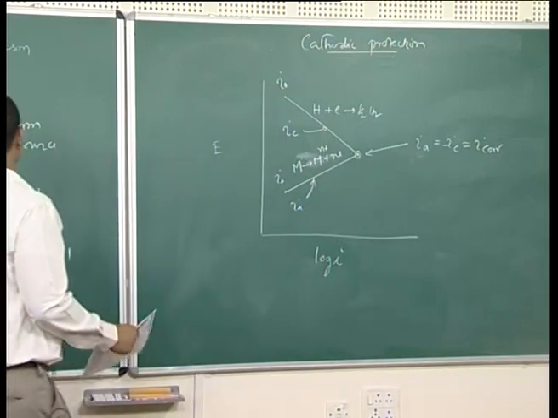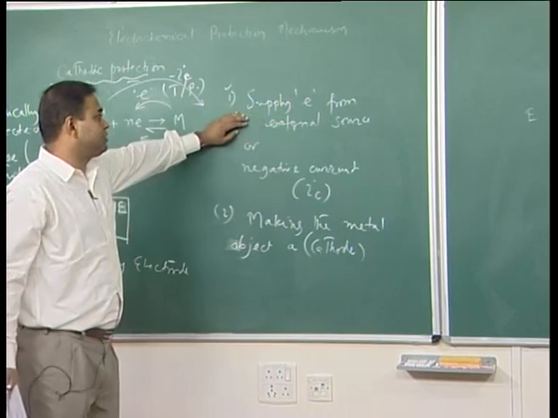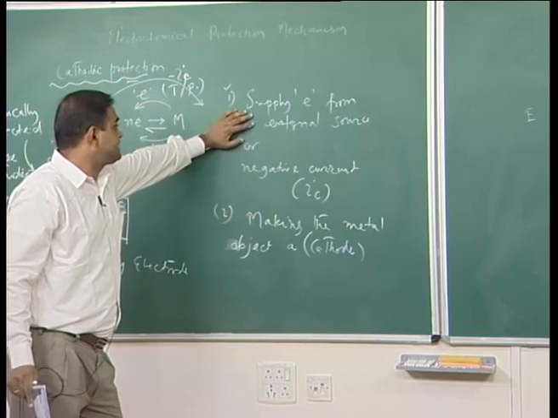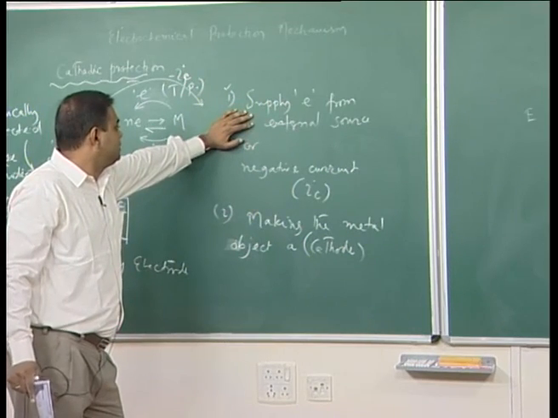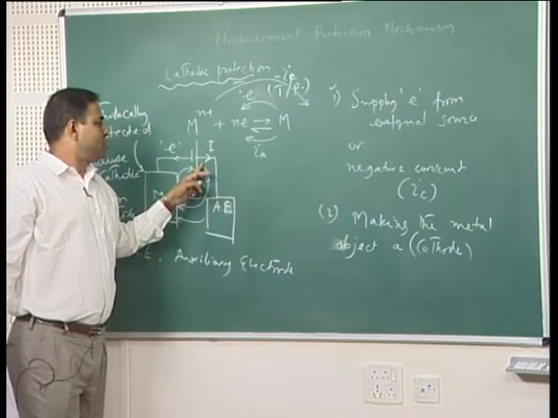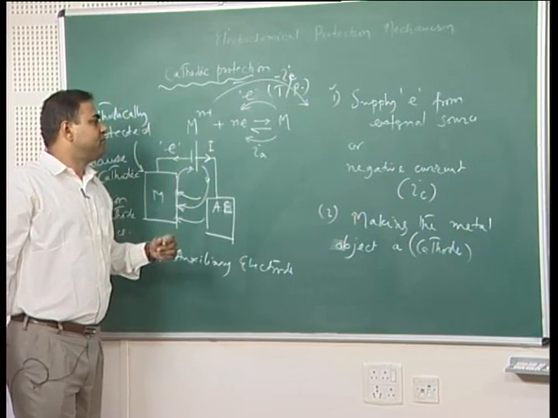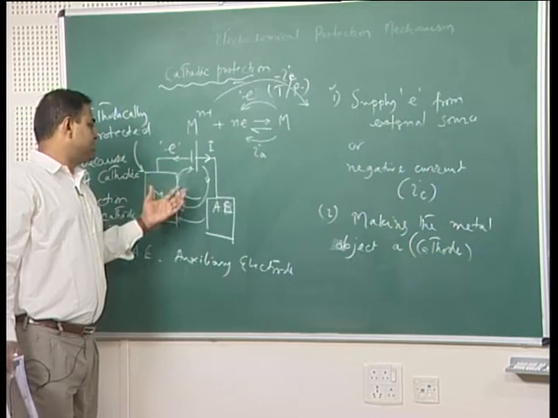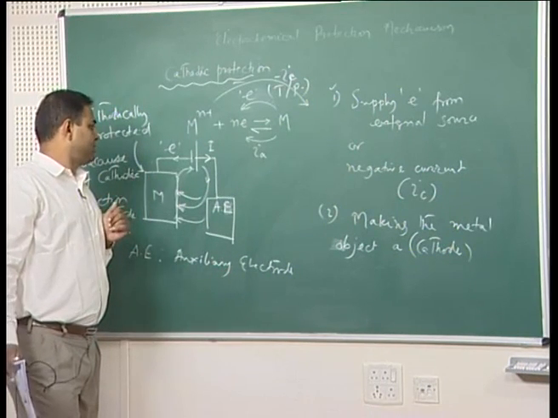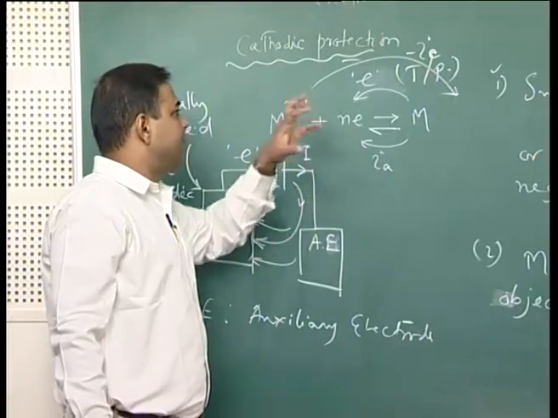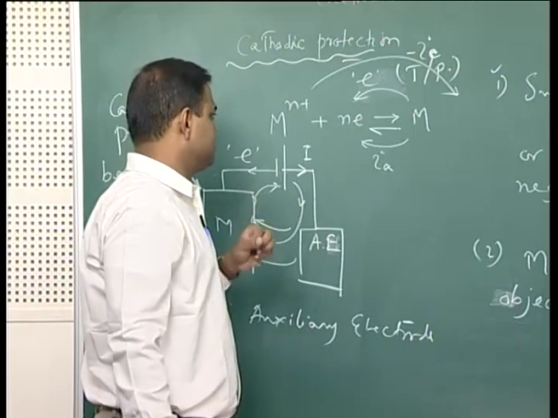Now we have said that we have to supply extra electron from external source. This extra electron can come from one external source or it can come from another anode material which is in connection with this metal object. But if we consider this case only, here we are having some external power source which is a DC source.